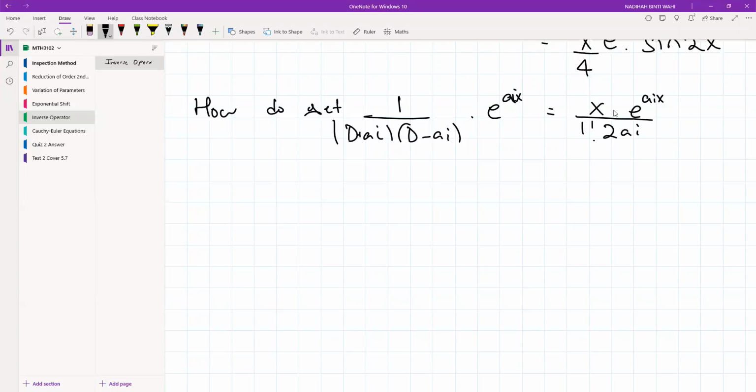Okay, ingat tak yang ni macam apa? Yang ni macam yang kita buat sebelum ni. Kalau saya buat D plus AI darab dengan D minus AI of E to the AIX, saya akan dapat kosong.